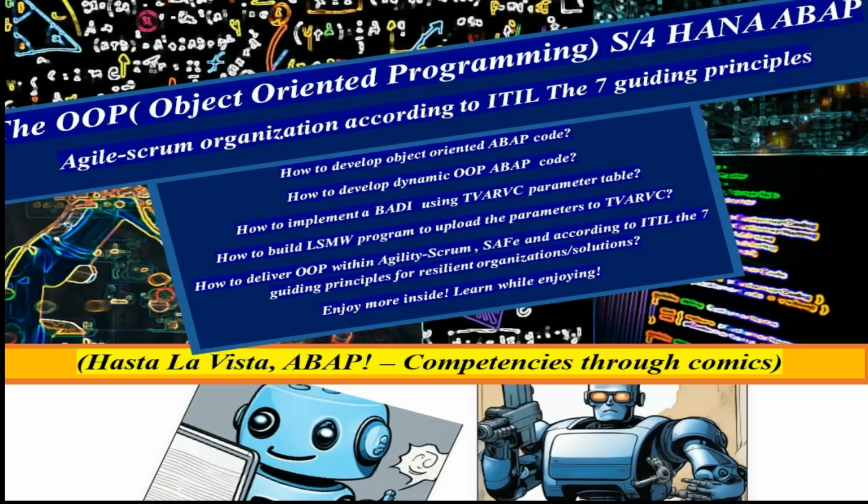We are going to gain competences of building object-oriented ABAP code and dynamic object-oriented ABAP, supporting the SAFe Scrum-Agile methodology and approach according to ITIL, the 7 guiding principles for resilient organizations and solutions. Till part 2. Hasta la vista.